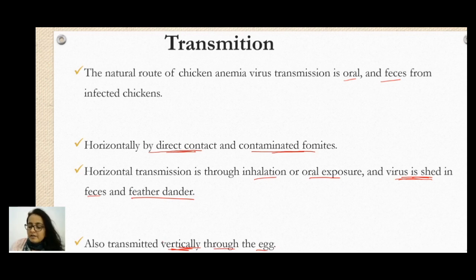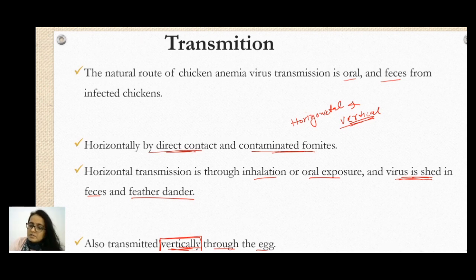This is important: both vertical and horizontal transmission occur in chicken anemia virus.